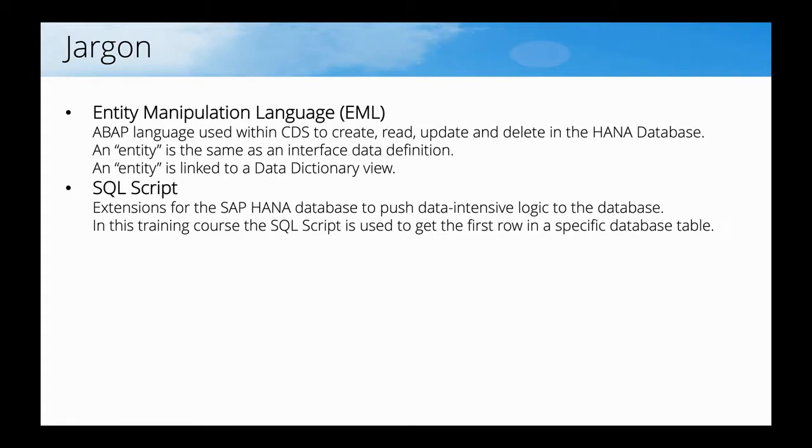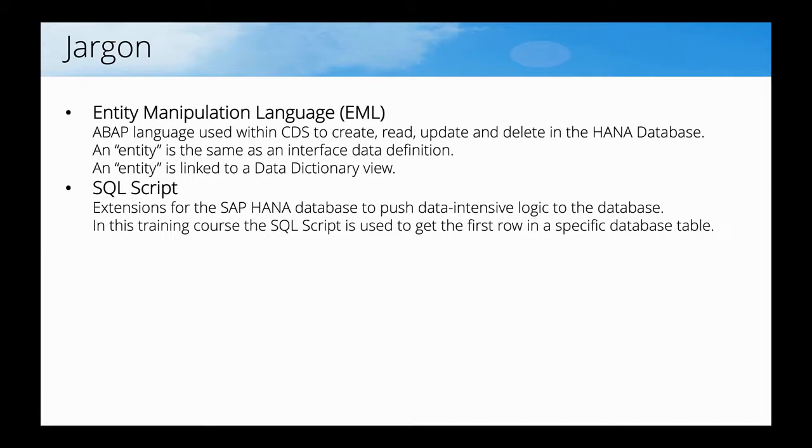Two things about programming languages that are on top of your standard ABAP. You got an extension of ABAP, which is the entity manipulation language. So it is an ABAP language, but it is the ABAP language for the core data services to, as I said, read, create, update, delete records in the database.